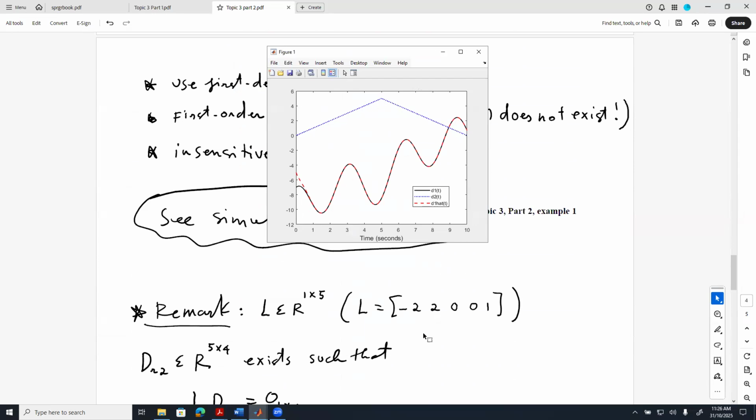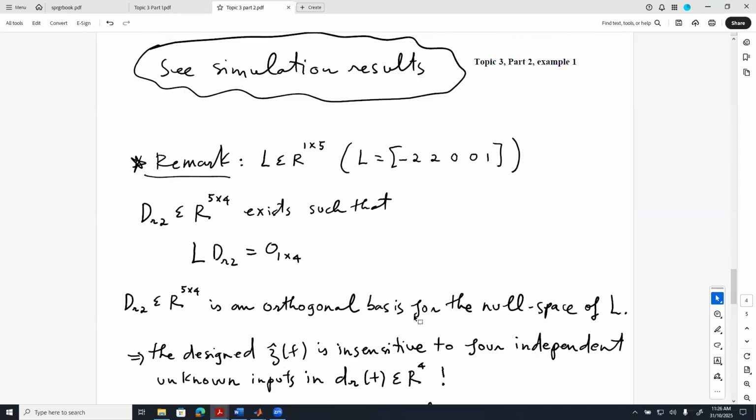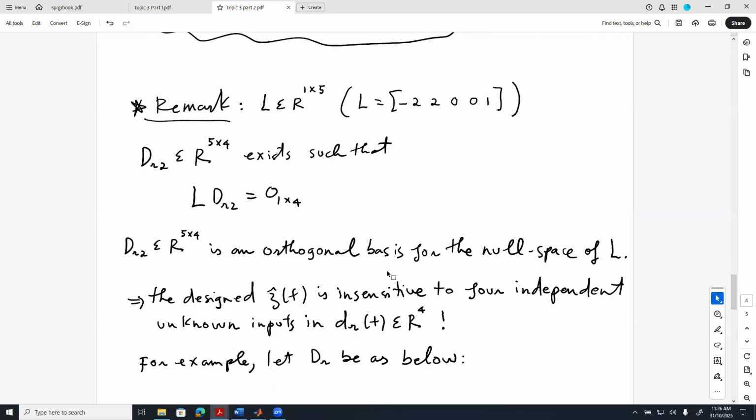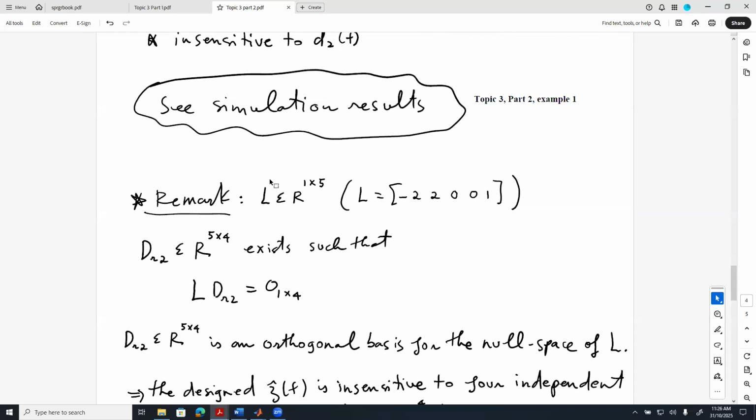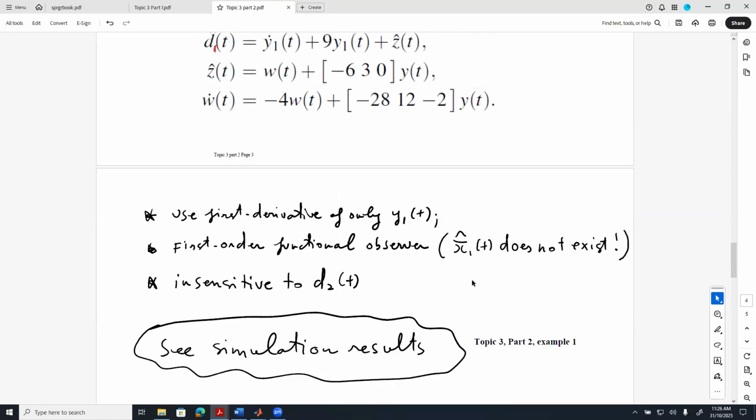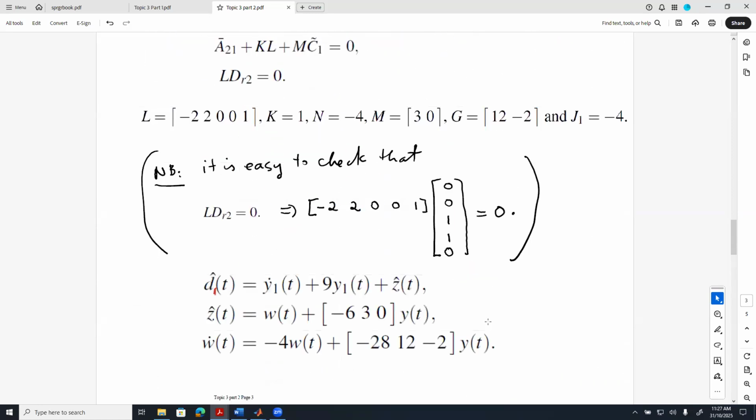All right, so another very important remark that I'd like to discuss here is, when we look at the solution for the matrix L, what we obtain here is actually a single row.